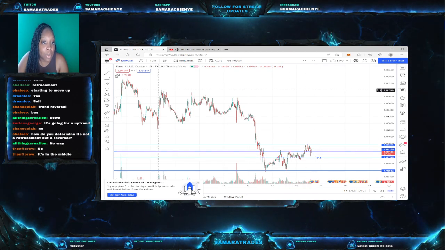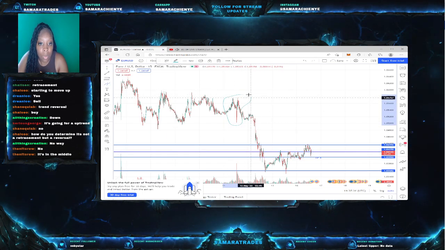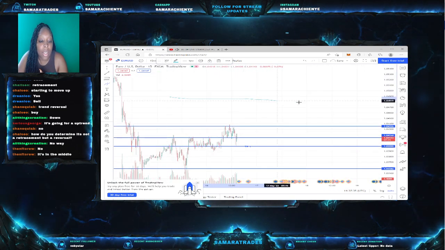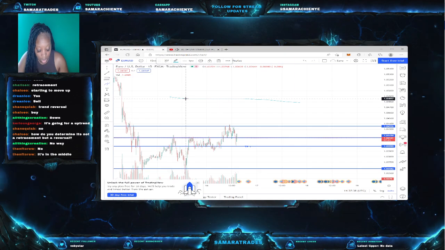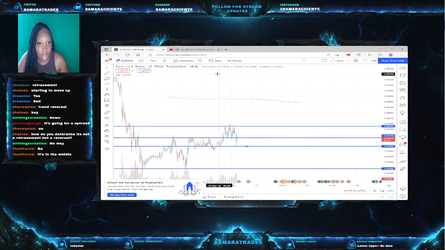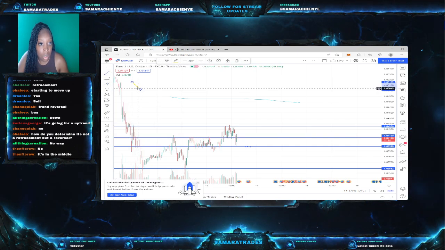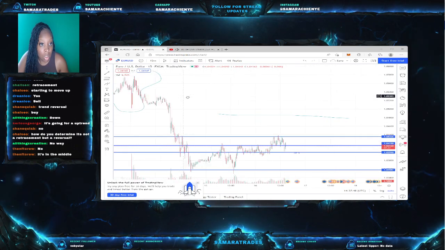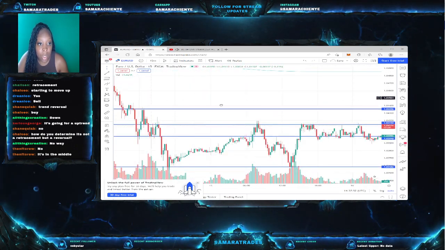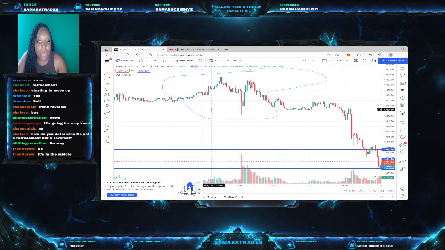So for example, this is a retracement. That's retracement. Trying to zoom in for y'all. This right here is retracement.